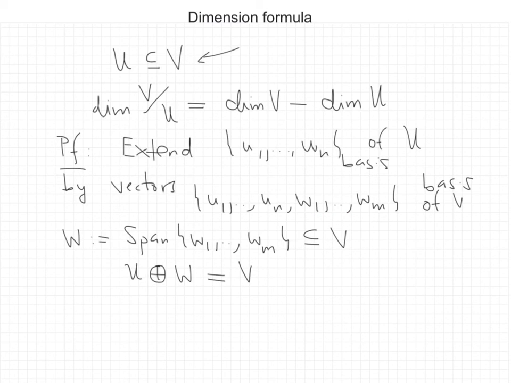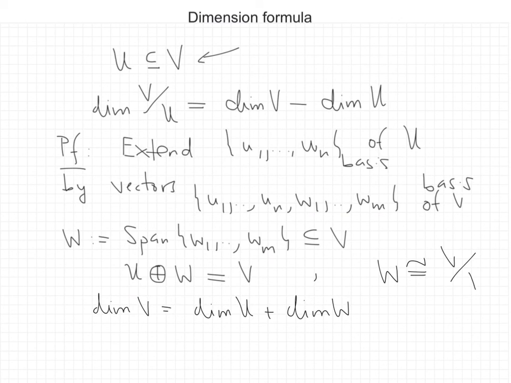But you see, now we're almost done, because we know that the dimension of V is equal to the dimension of U plus the dimension of W. But we know that our subspace W is isomorphic to the vector space V by U, whatever choice of basis vectors we have taken there.